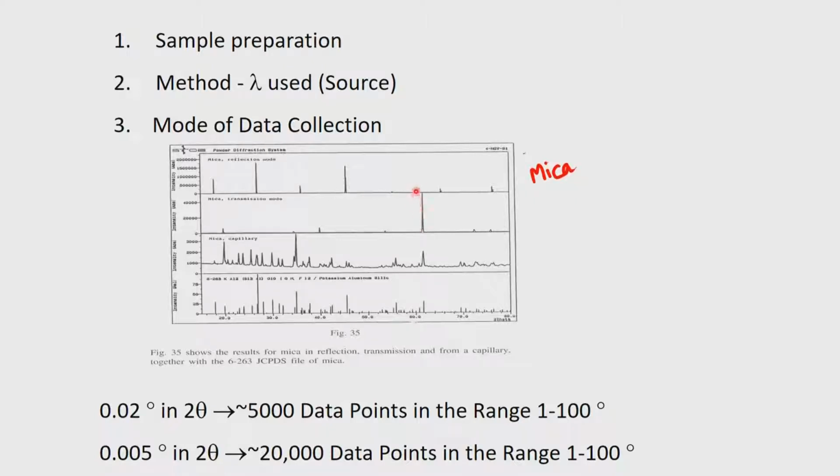So, you get very strong reflections of the planes here, and in the case of the transmission mode, that plane may be associated with this, where you see no diffraction coming. In the reflection mode you get a diffraction which is very strong here. So, this tells us that these two methods are now indicating the mica to be two different compounds altogether, but it is not the case.